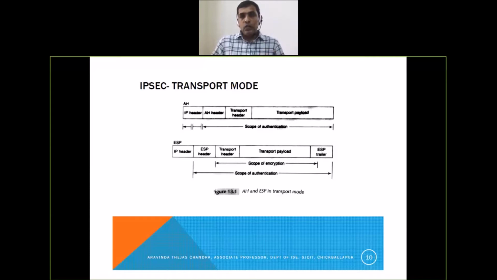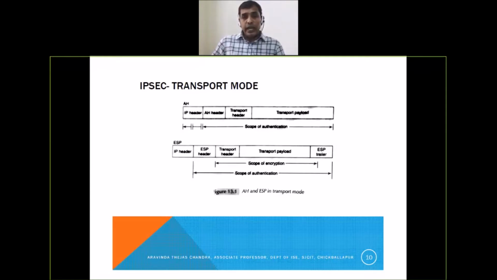That means the receiver can know who is the actual sender of the AH header, transport header and transport payload. But in transport mode, no authentication is provided for the IP header. Of course, if the IP header is modified by someone, it can be detected by the receiver. How?